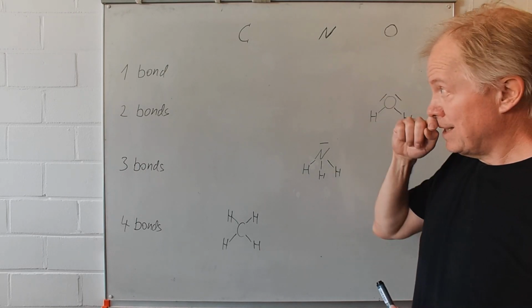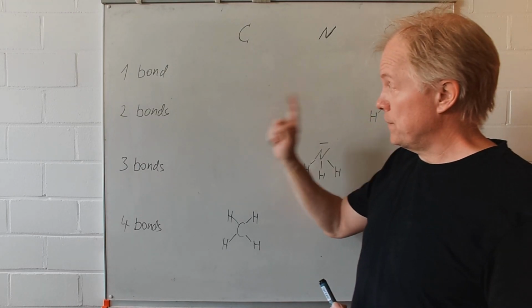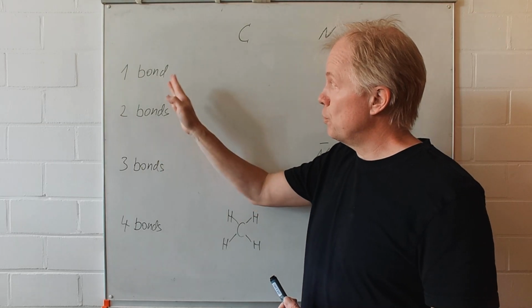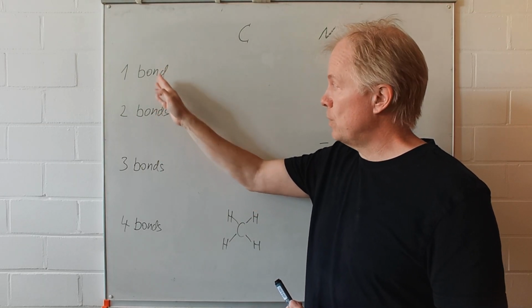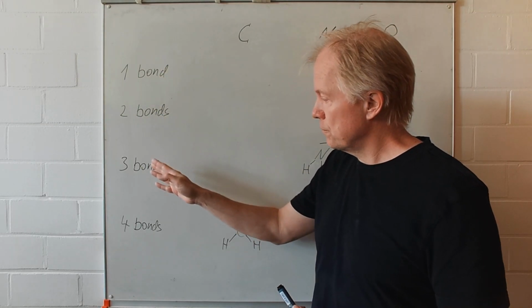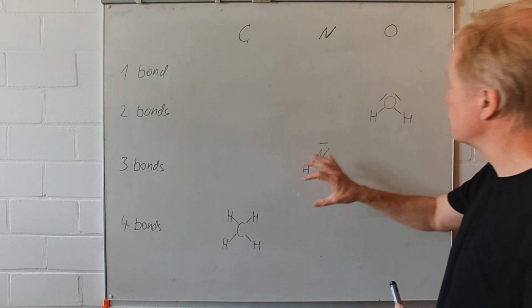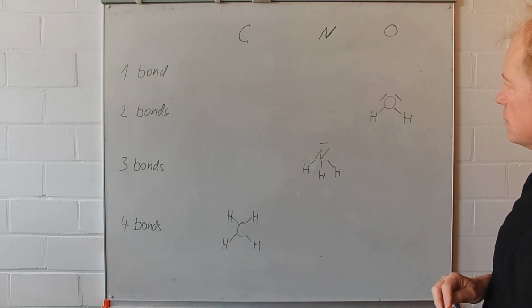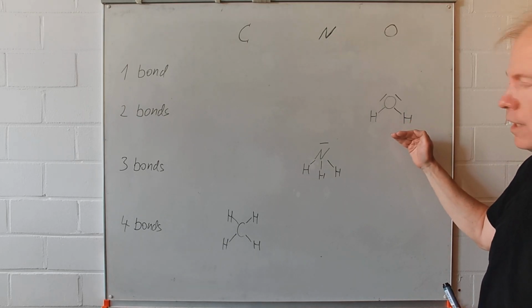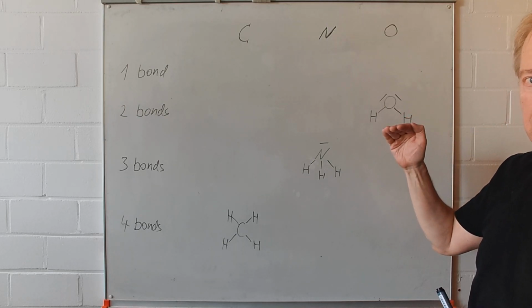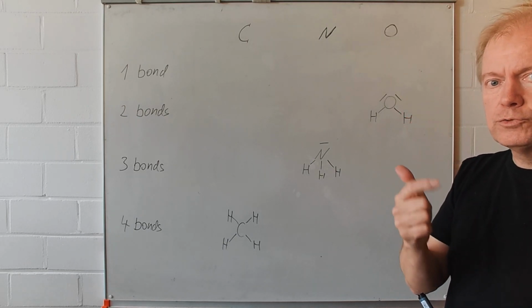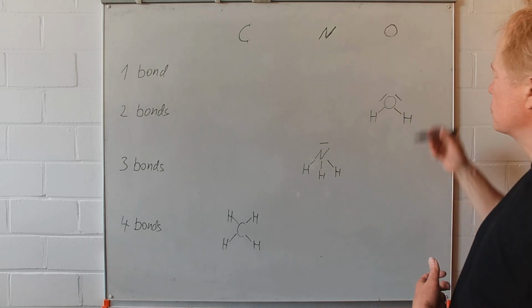We now can ask the question, do also molecules exist with 1 bond, 2 bonds, 3 bonds, 4 bonds for all those elements? And let us start with oxygen and for molecules with only 1 bond.